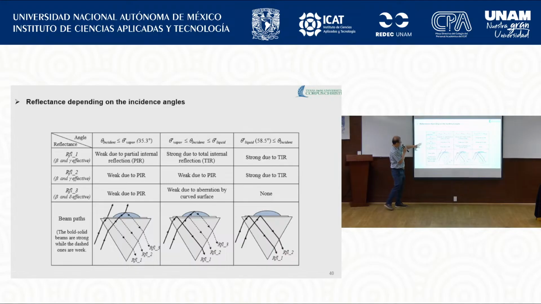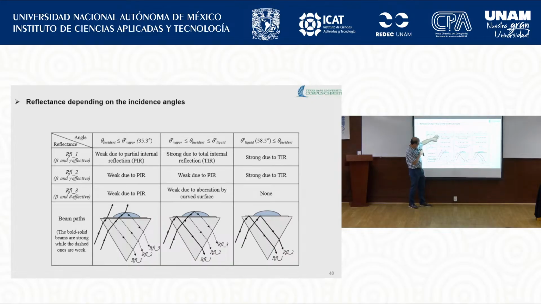For example, for small angles, right? And then we can capture all reflectance: glass-air interface, glass-liquid interface, and the liquid-air interface. However, with increasing incidence angles, sorry, I'm sorry about that.